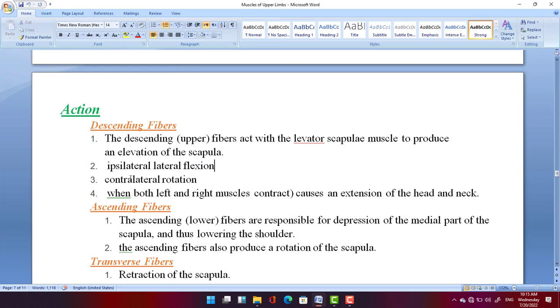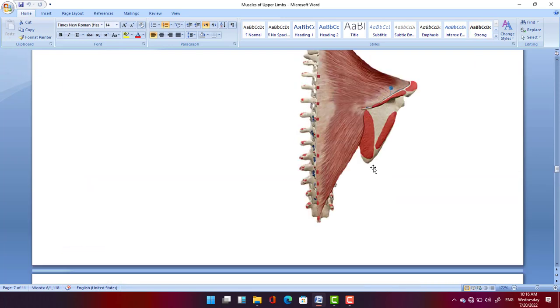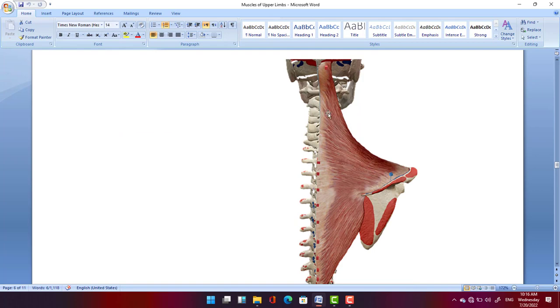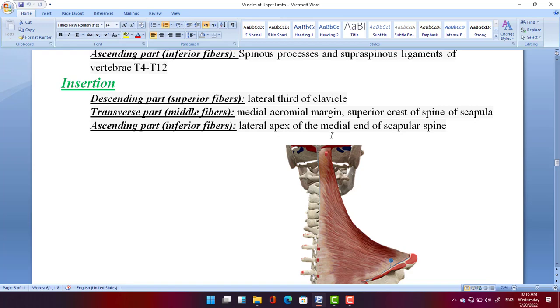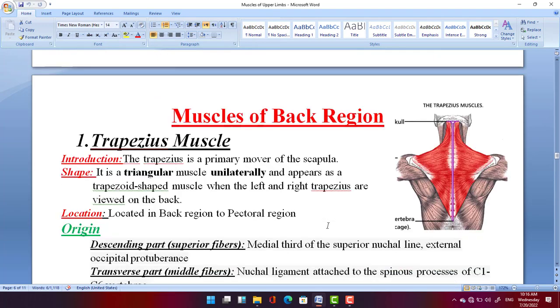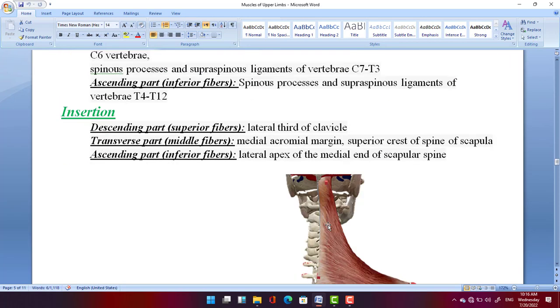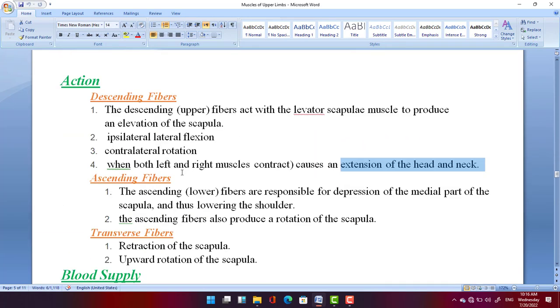Lateral flexion and contralateral rotation of the scapula. When both left and right muscles contract, it causes extension of the head and neck. So your neck and head will go back. When these fibers contract, they will pull your head towards the back, so your head will tilt backward. These were the actions.